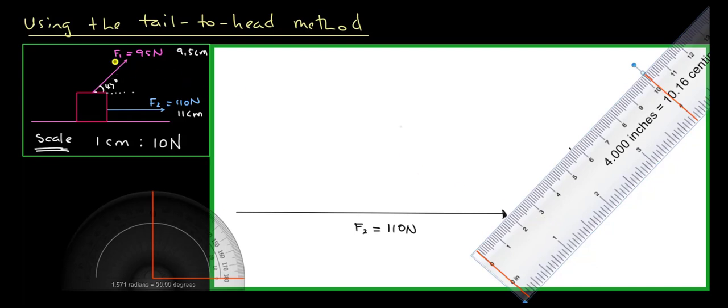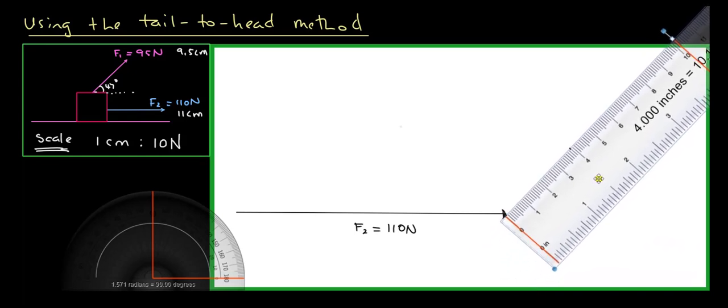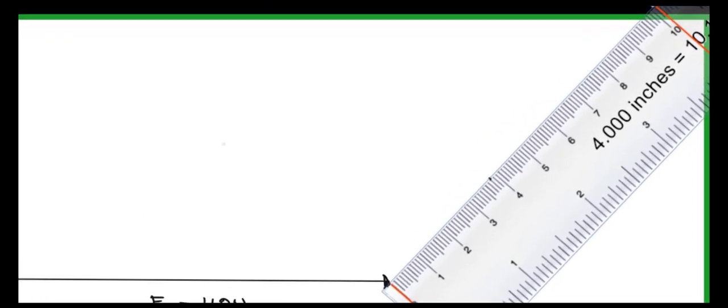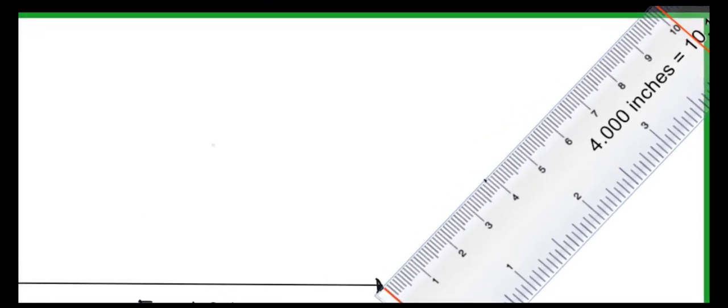Now I need to draw F1, but F1 must be 9.5 centimeters. So I'm going to start here. My 0 point is there, and 9.5 centimeters is somewhere here. Let me just twist it a little bit.